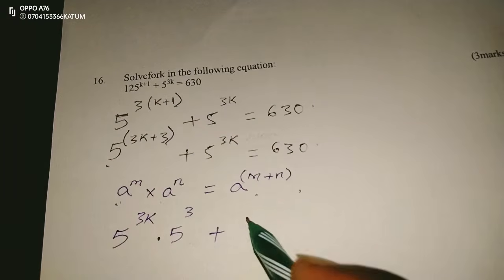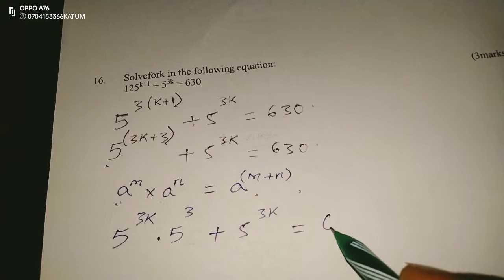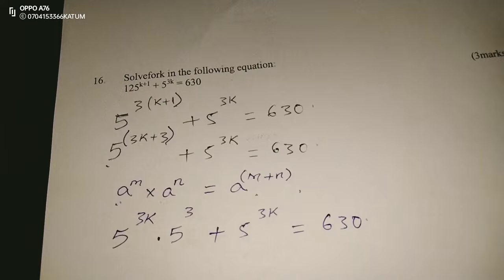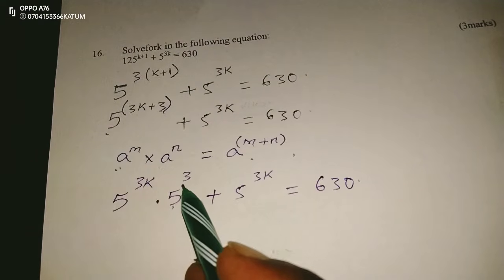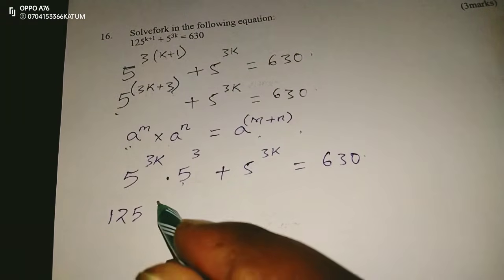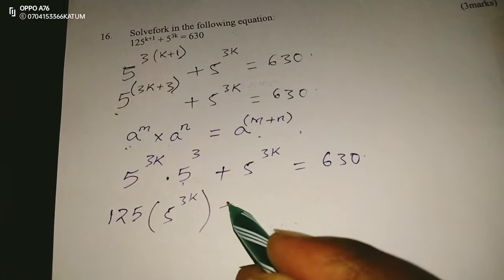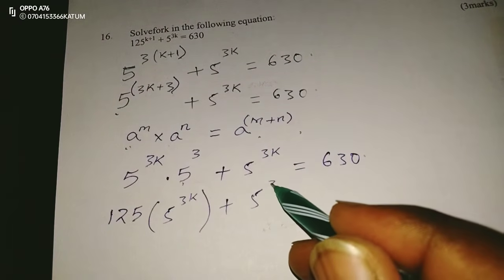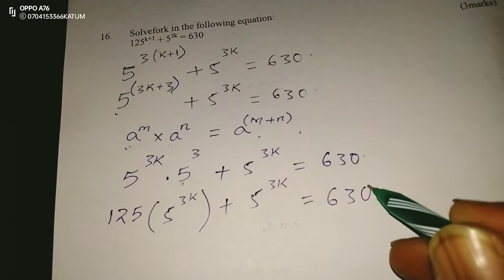Then now we add 5 to the 3k equals 630. At this step, we can say the value of 5 raised to 3 is known, which is 125, raised to 5 power 3k, plus 5 power 3k. This is equivalent to 630.